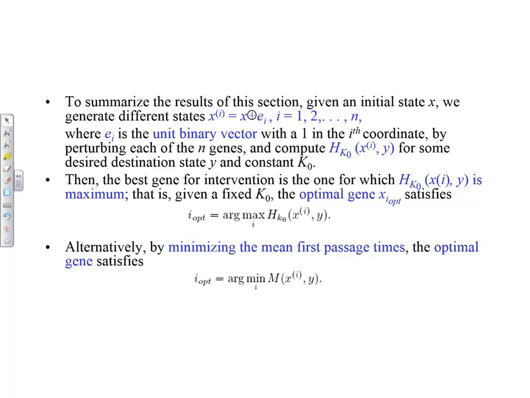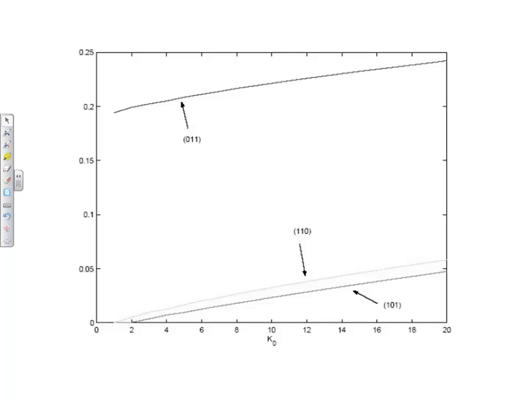Let's go over the diagram again. What this is telling you, for each time, is the probability that you will go from that one state to the other in 20 time steps or less.